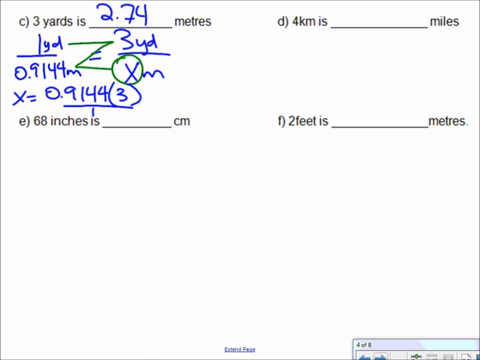Okay, we do it again. Kilometers to miles. Okay, kilometers to miles. So I see that 1 mile is equal to 1.609 kilometers. So I'm going to go 1 mile is equal to 1.609 kilometers. Sorry about that.